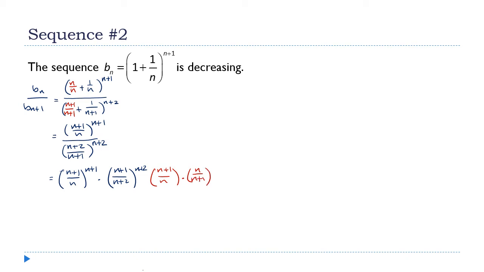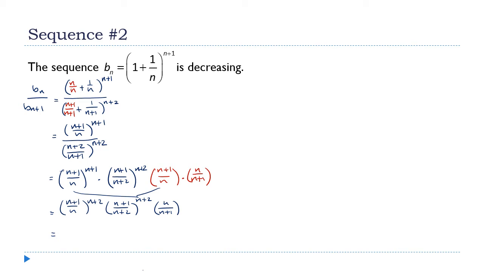Now I'm going to combine these two together. And this becomes ((n plus 1) over n) to the n plus 2 times ((n plus 1) over (n plus 2)) to the n plus 2 times n over (n plus 1).